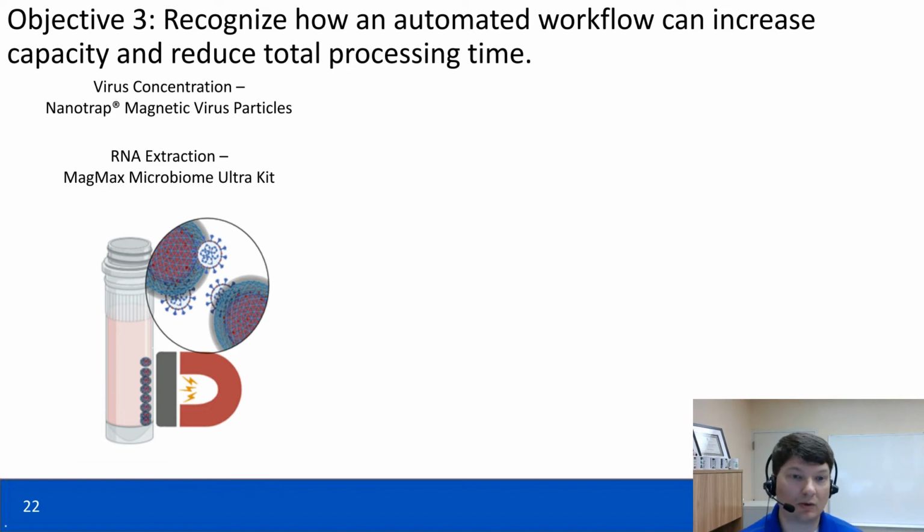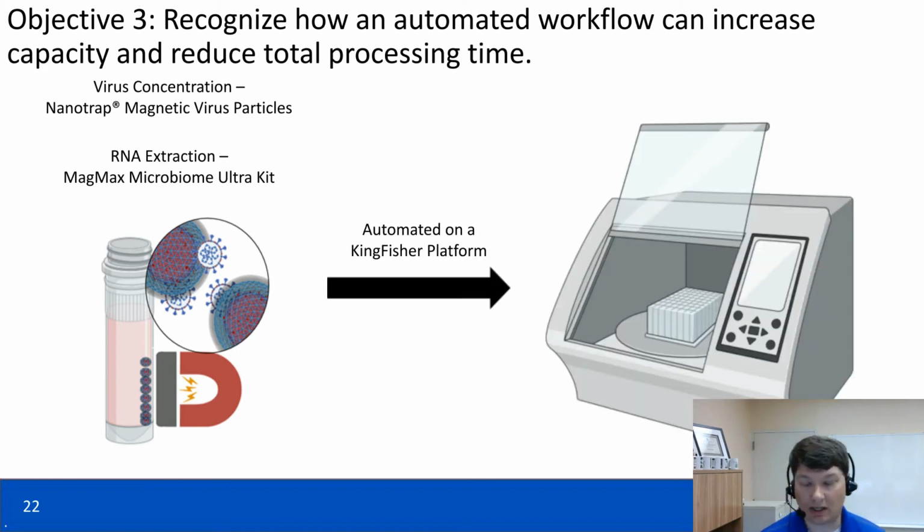And we combined or modified these two steps into an automated platform. Virus concentration was achieved by these nanotrap magnetic virus particles, and then RNA extraction by a MagMAX Microbiome Ultra kit, which could be automated in a KingFisher platform. And so these are magnetic bead-based platforms that could significantly improve, as I'll show, processing time in labs.